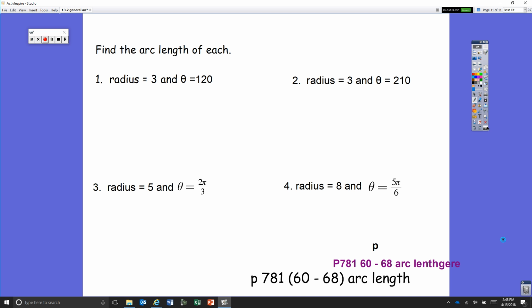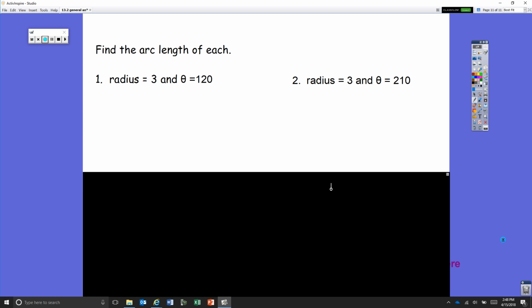So if we try a few, if we have a radius of 3 and a theta of 120 degrees, that's where we'll use x degrees over 360 degrees times 2 pi r.